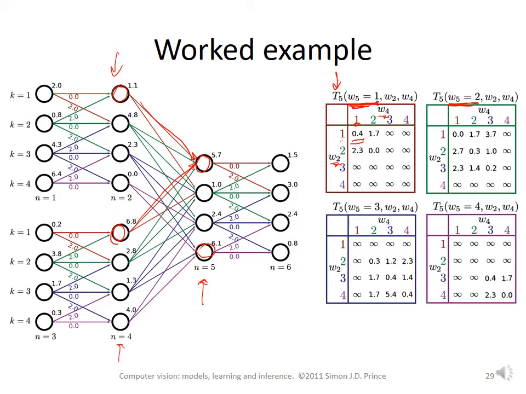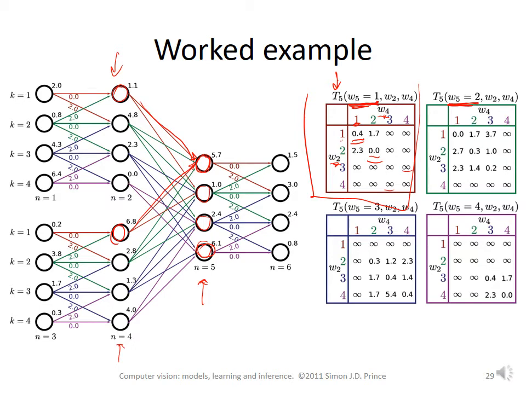And we have all the other ones illustrated as well. Lots of them are infinity, so we don't see any edges. And we see that some of them might be quite cheap, right? So here you have 0, 0, for example. And we repeat this, so we have this same kind of matrix 4 times, 1 for each of the possible discrete values of W5.